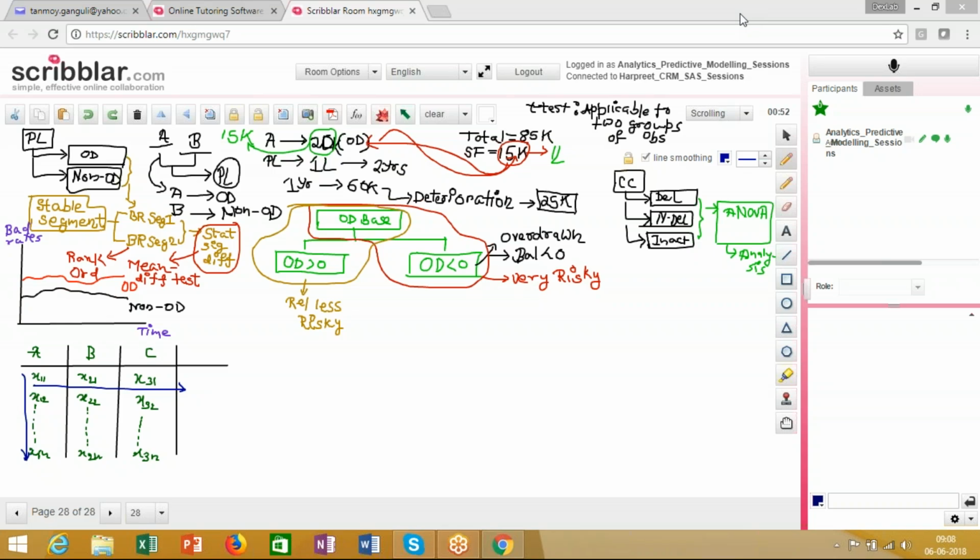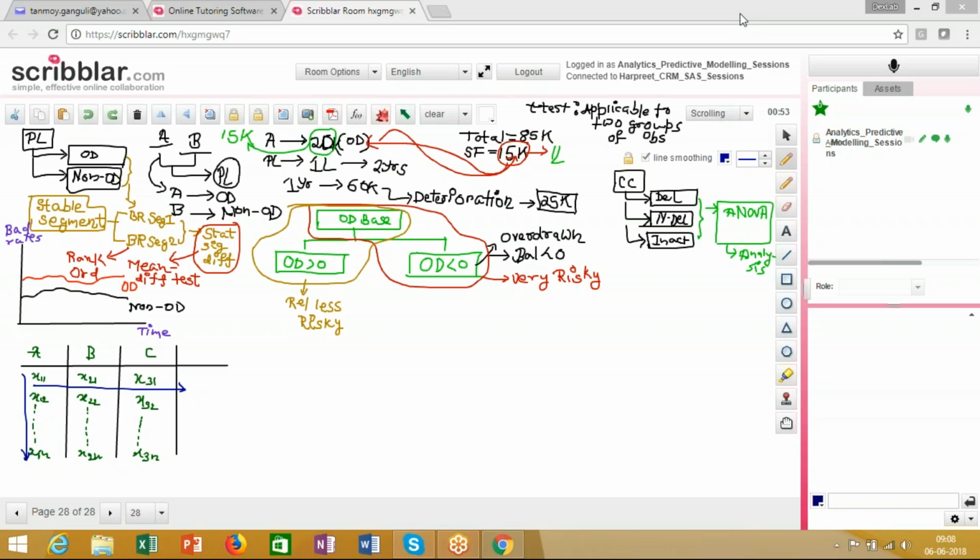What we do is compare the across-group variation and the within-group variation. If the within-group variation is not very significant, it means the observations are more or less homogeneous. But when you move across the groups, if the variation changes very significantly, then there is a distinct change in behavior as I move from A to B and consequently from B to C. This is where the role of variations comes in.